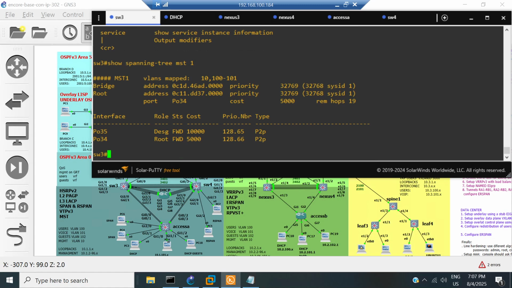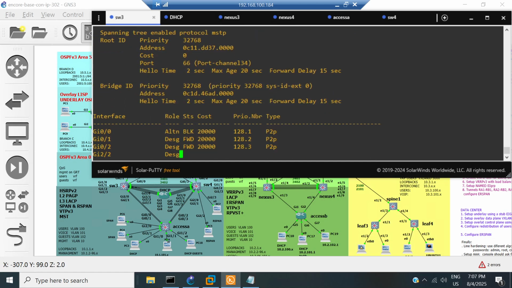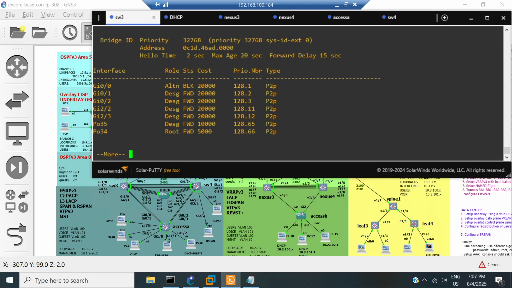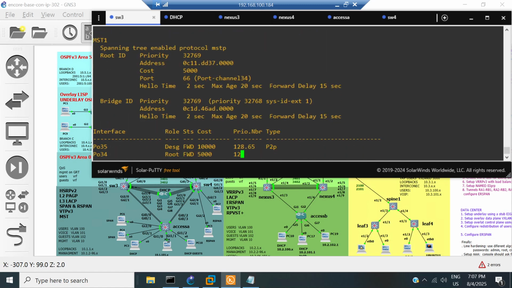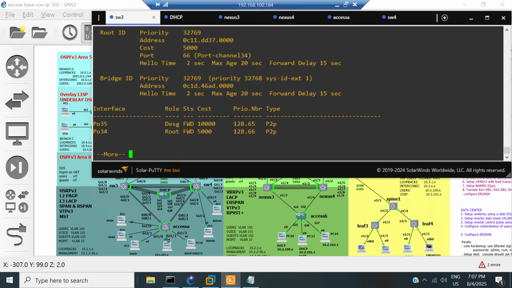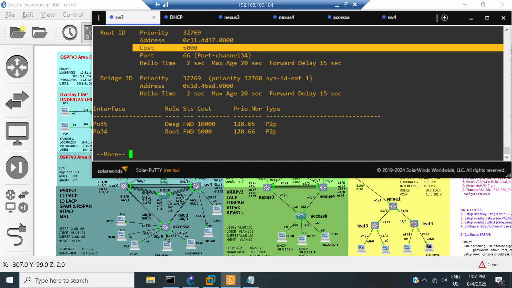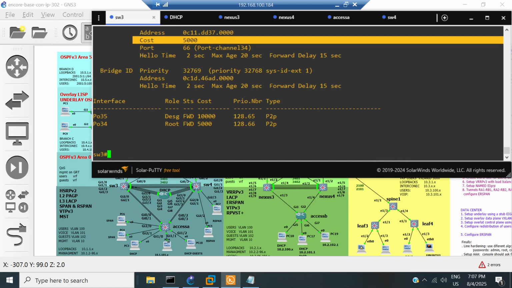It seems that this is not the root bridge for instance 1. I should see here this switch is the root bridge. So I want switch 3 to become the root switch for instance 1.